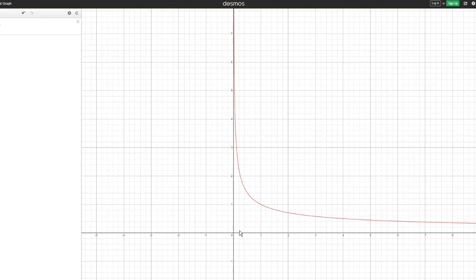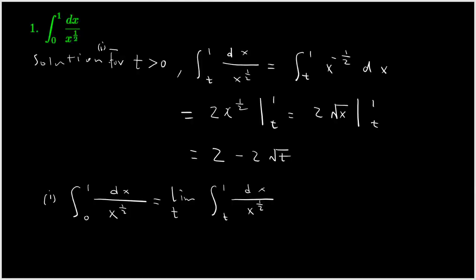Now look at the mouse cursor. t is here, always to the right of 0. The actual improper integral is from 0 to 1, so that improper integral is taken as t approaches 0 from the right. I haven't shown you the definition yet, but I think you got the idea.